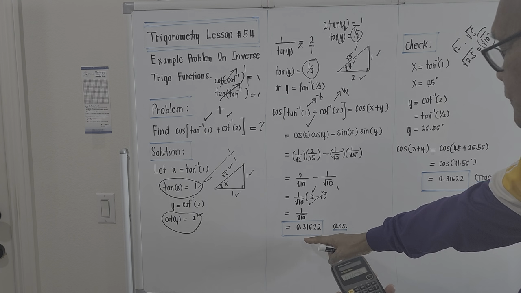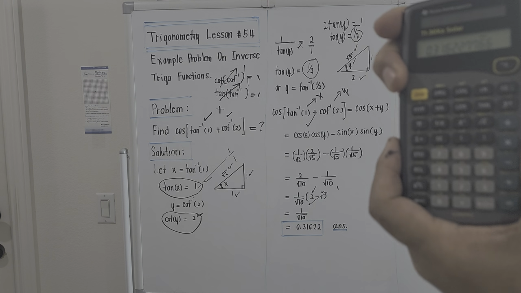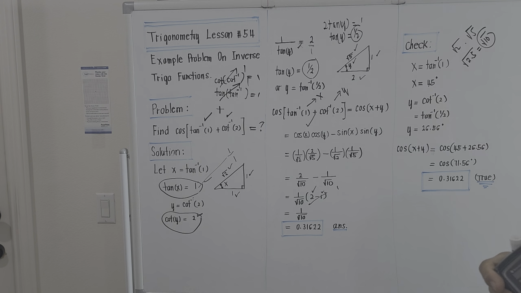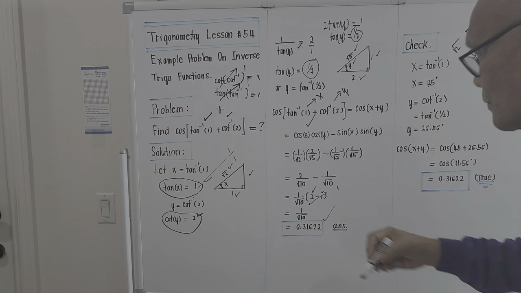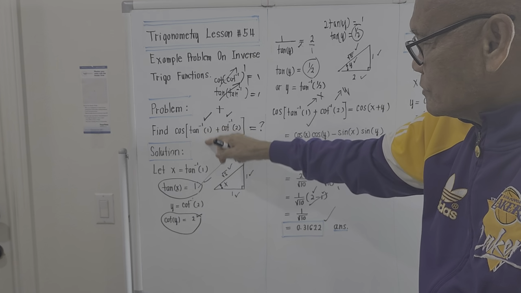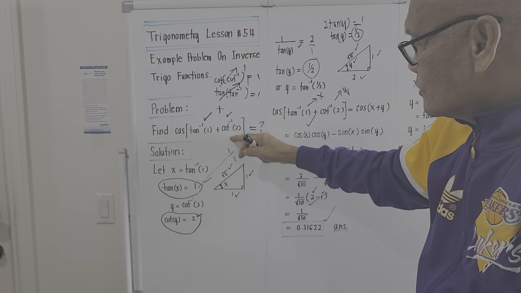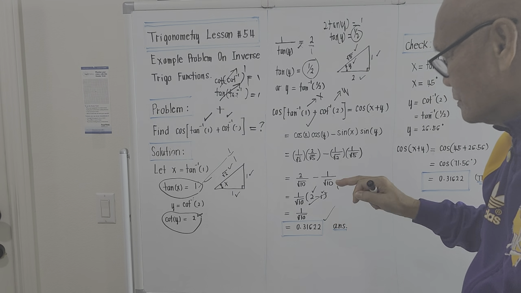The answer will be 0.31622. So the answer for the given problem will be 0.31622, meaning the cosine of the arctangent of 1 and the arcotangent of 2, close bracket, is actually 0.31622.